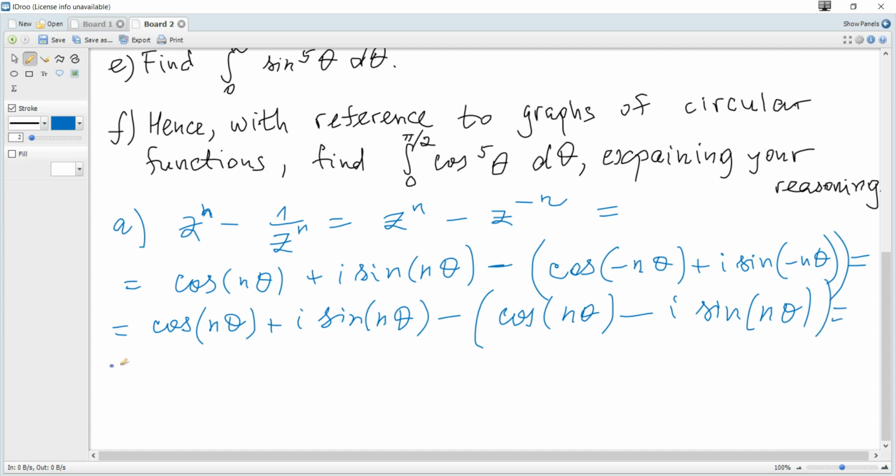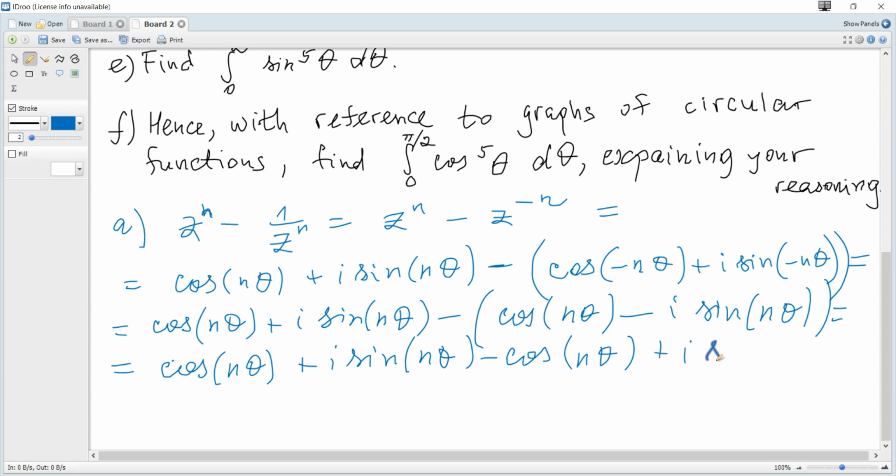It becomes cosine of n theta plus i sine of n theta minus cosine of n theta, plus i sine of n theta. It's clear that cosine cancels and we get 2i multiplied by sine of n theta, as required.